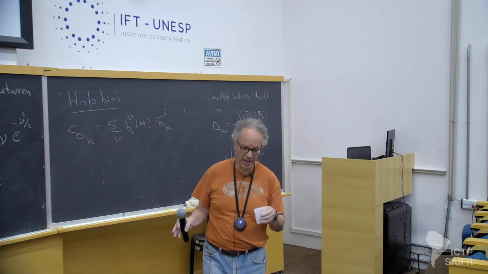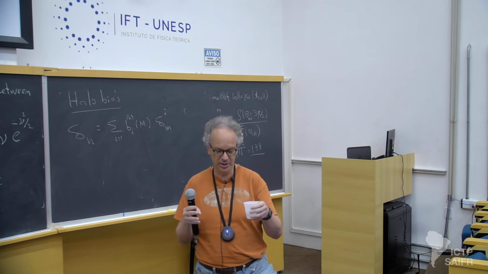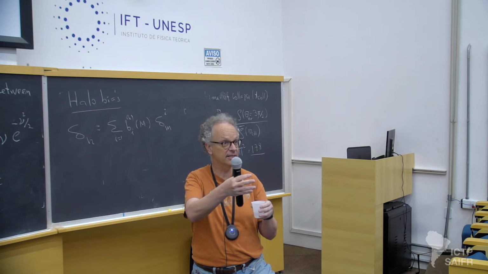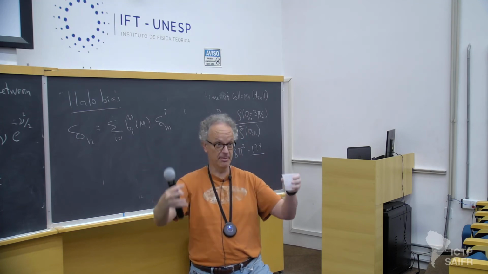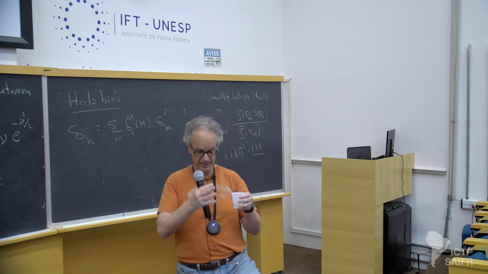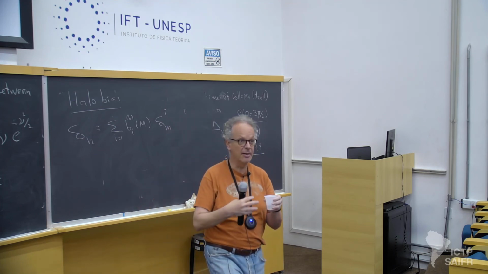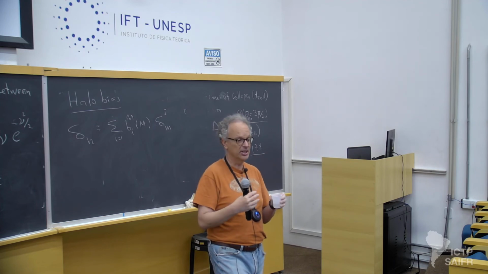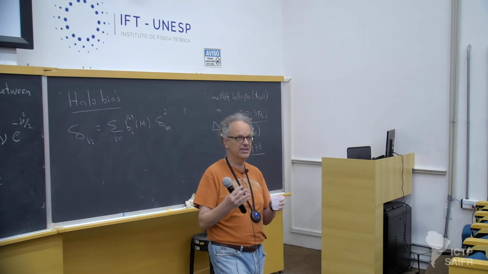And one way that DES is doing it is to calibrate a relation between the mass that you can measure for some clusters using weak gravitational lensing, which measures the mass because of the gravitational deflection of light, and the number of galaxies in a cluster, which is called richness. So there's something called the richness-mass relation. And the calibration of this is complicated, but is being done in DES.